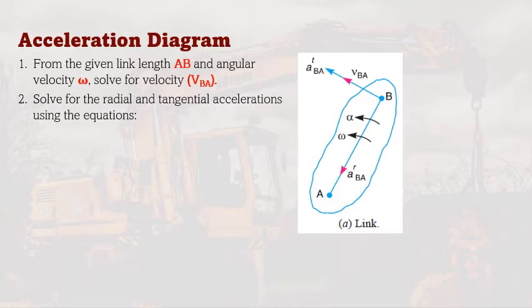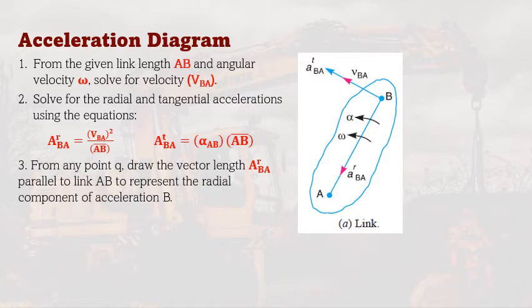Next, we solve for the radial and the tangential acceleration using the two equations that we have earlier. So we have the radial component and the tangential component of the acceleration.